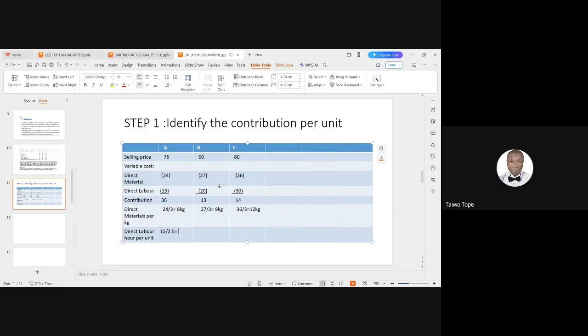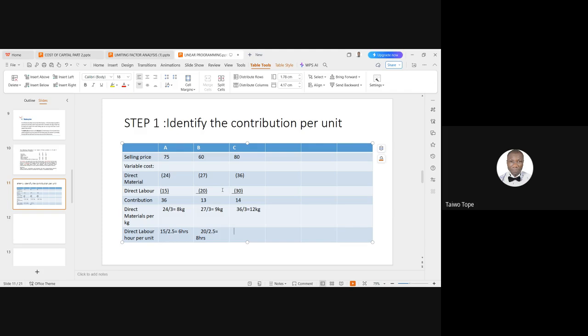How many hours do you use to produce 1 unit of product A? 6 hours. For product B, you incur overall 20 naira and 1 hour costs 2 naira 50 kobo. How many hours will you put in to produce a unit of product B? 8 hours.